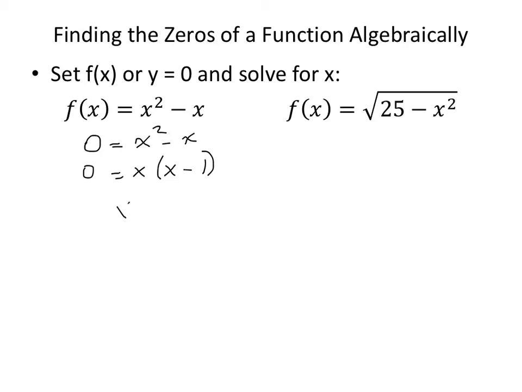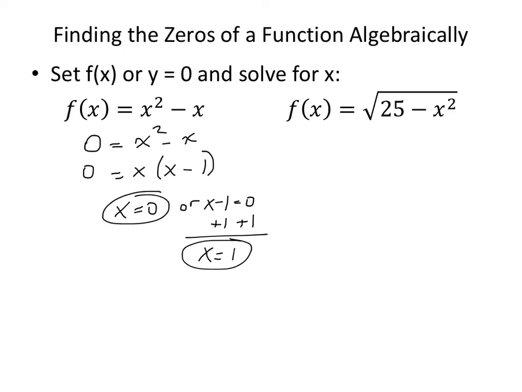Now I can set each factor equal to 0 and solve. So I have two zeros. I have x equals 0 and x equals 1. These are the points (0, 0) and the point (1, 0). Okay? So if we're looking at a graph of this function, we would know that these are two of the points on that function, and they would both be on the x-axis.